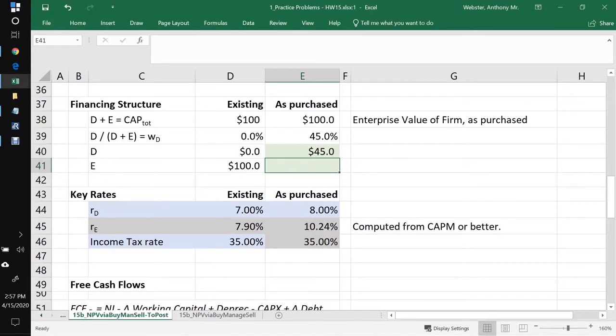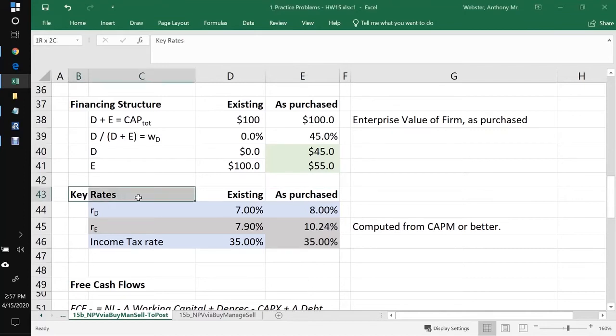And the equity here, RE, if our total capitalization is 100, is going to be 100 minus 45, or 55. All right, so let's keep going.